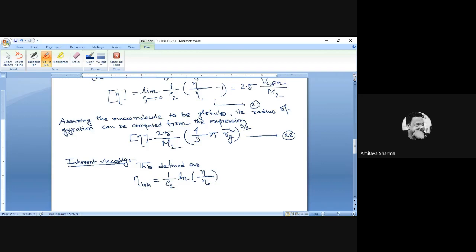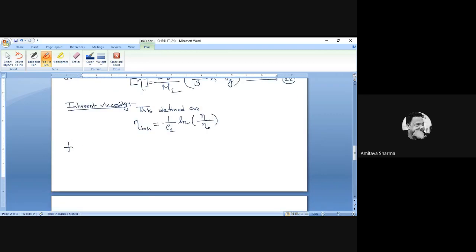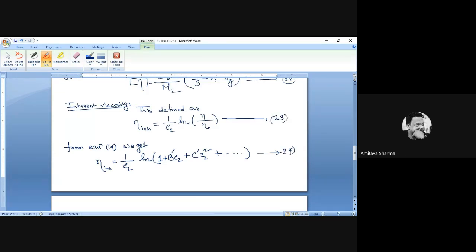So from equation 14, we get 1 by C2 ln, and this is equation 24.